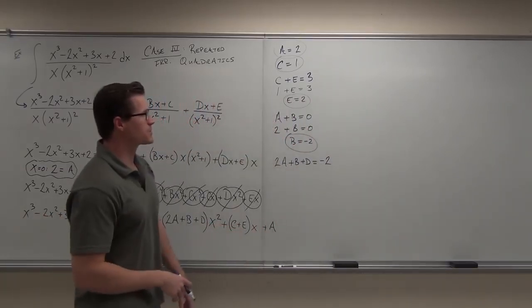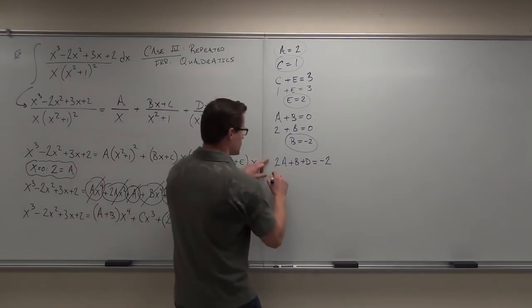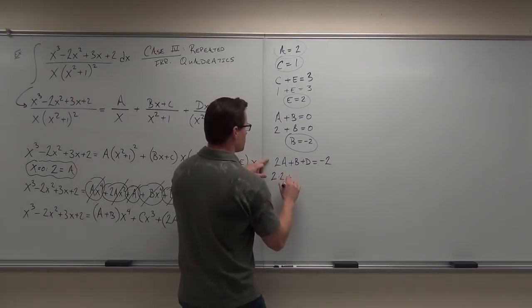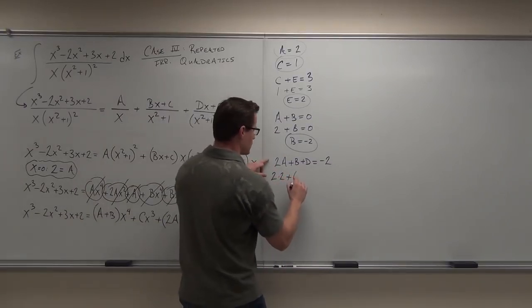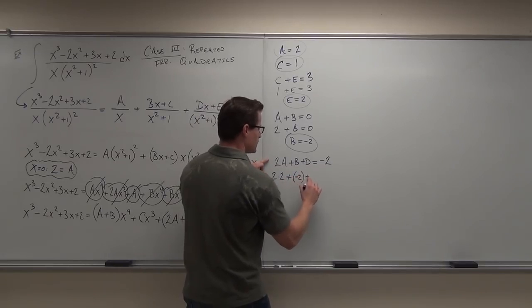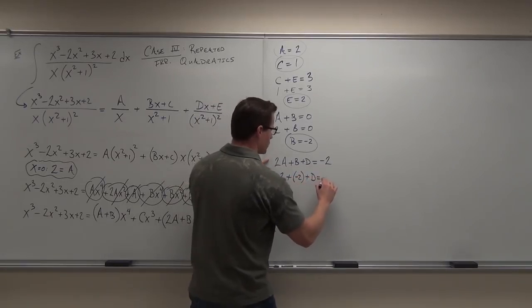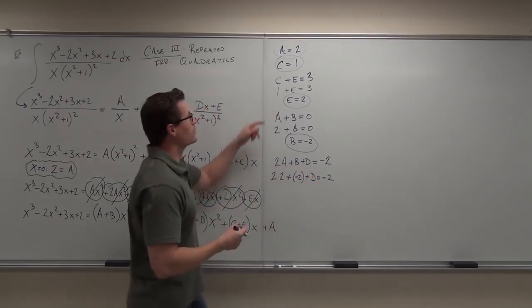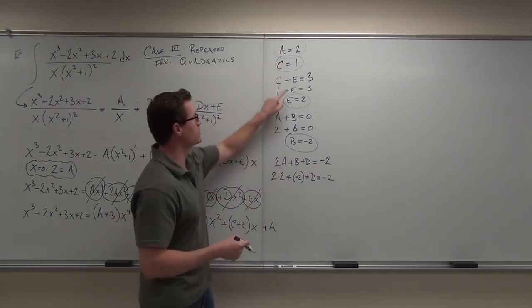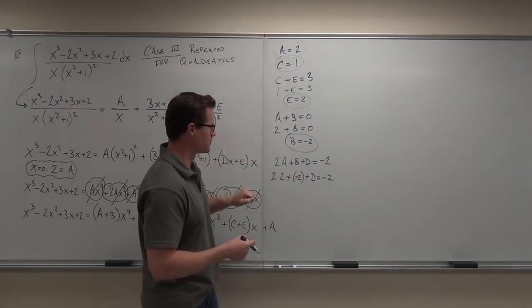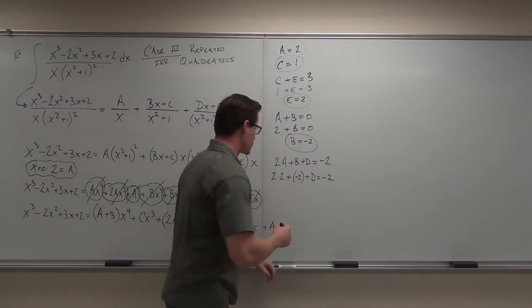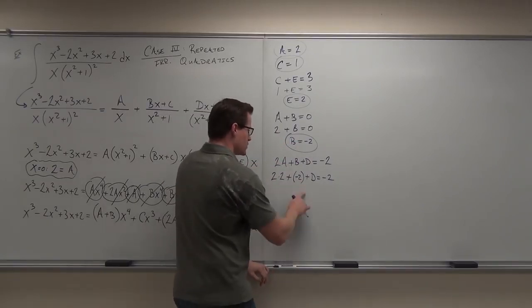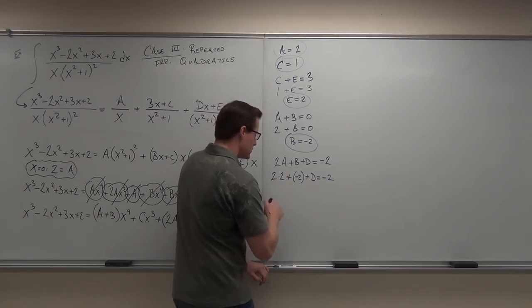Now we're just plugging in the numbers that we already know. I know that A is 2, so 2 times 2 plus, how much is B? -2. How much is D? Don't know yet. So we're plugging in what we know. We knew A was 2, 2 times 2. We knew B was -2, so plus -2. Then we just work it out, simple algebra. 4 minus 2 gives you 2. How much is D? -4.